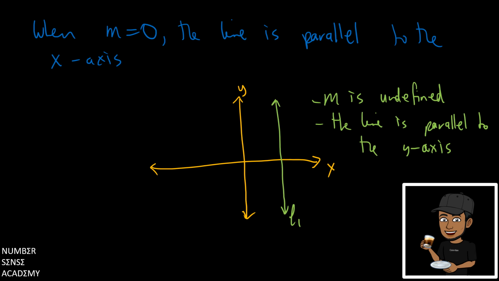Okay, so I'm going to put up some examples so we can solidify what we talked about so far. If we have 3x minus 2y minus 12 equals 0, what can we deduce about this?